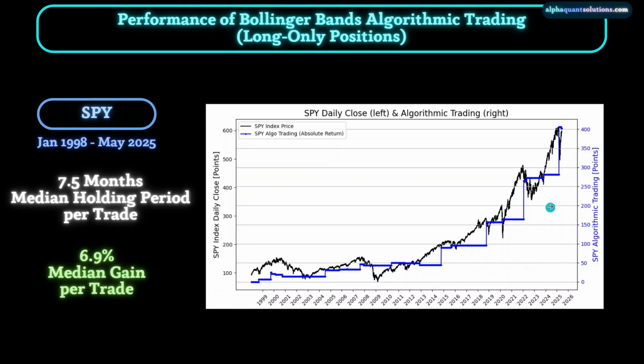And again, we see quite a stable algorithm during bear market conditions 22-23, during the pandemic times, during the financial crisis, and then in the bear market of 2000, 2003, there's a bit of a loss, but overall quite stable.